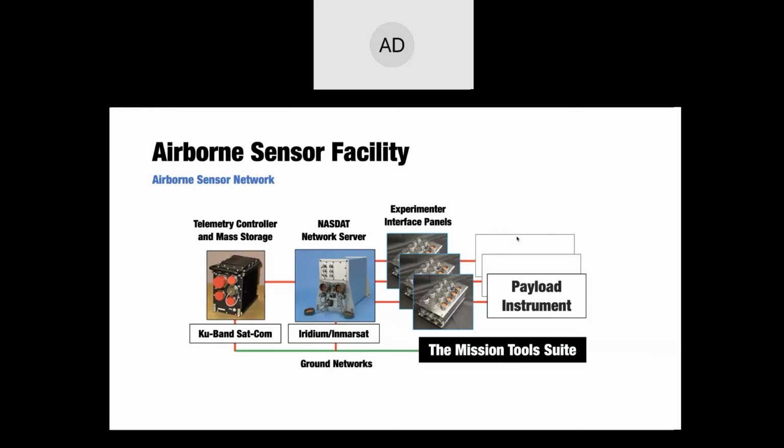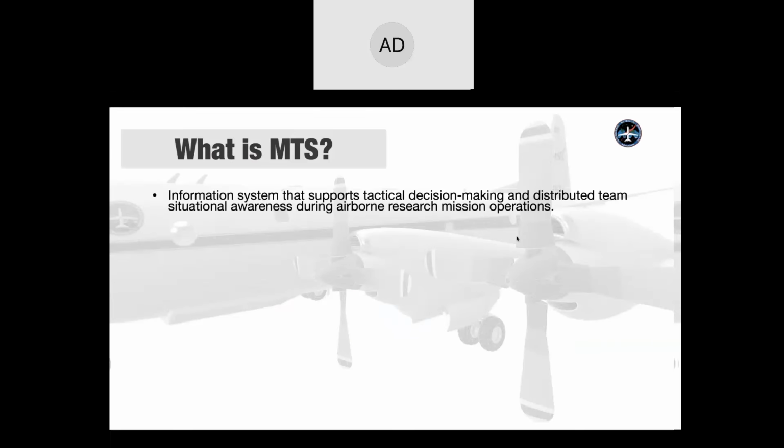And they want to be able to look at that in concert with other products that they might be seeing that are relevant to the actual mission. So in addition to the payload piece of the puzzle, there's also the product piece. And those two things really need to come together to give a full-fledged decision support system and make that available for any kind of decision-making that needs to happen during one of these flights. Okay, so what is MTS then?